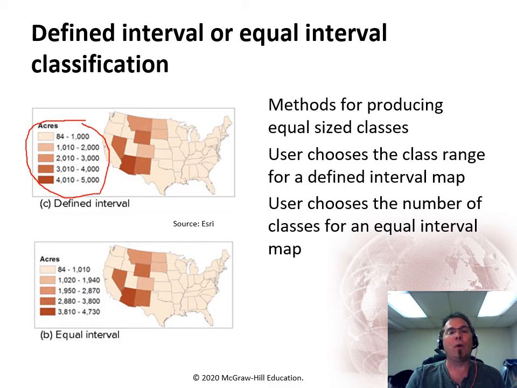You've got 84 to 1000, 1010 to 2000. So somebody had to manually go in there and do that, and I strongly suggest it's okay to do that. That's defined interval, sort of a manual method. And then you have equal interval, which is putting the same number of everything in each class. Again, these are splitting hairs, and typically you don't have to mess with it too much.